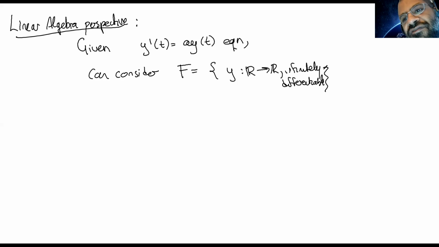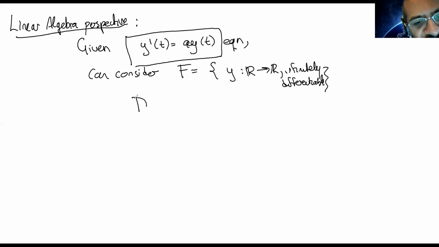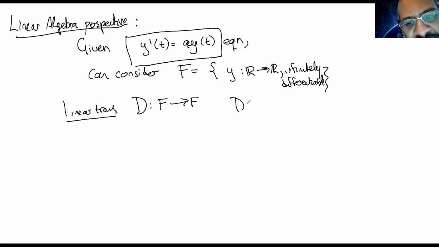We want to be able to differentiate the function; we don't want a function that you can't differentiate. Then, sorry, this is A. This equation, you can define a linear transformation D from F to F by D of y is just the derivative. And now the differential equation is actually just an eigenvector equation.